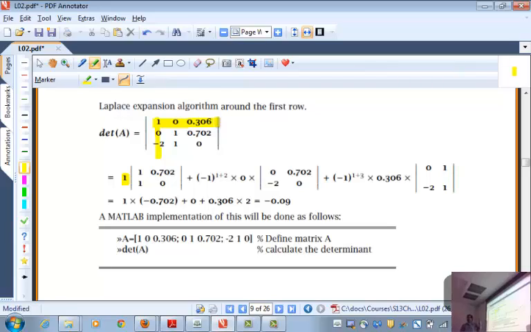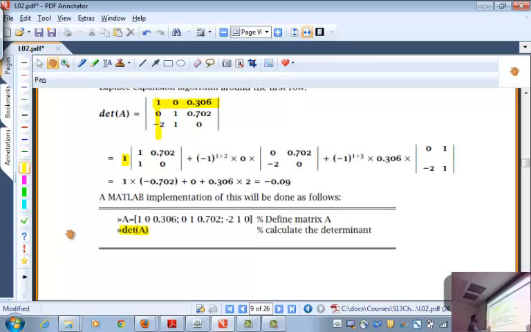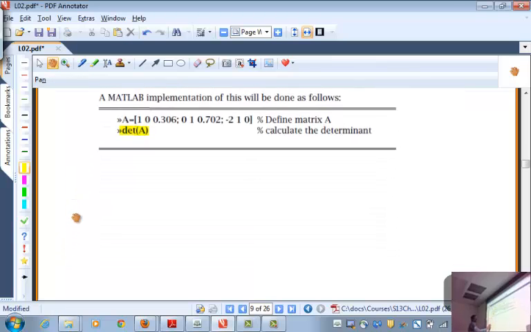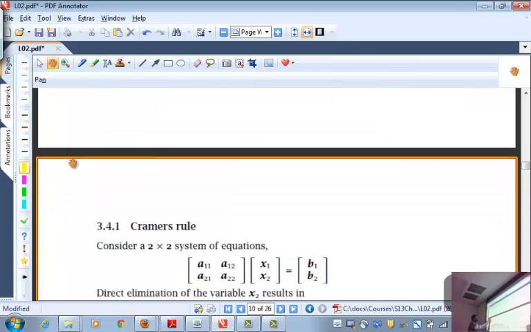And the nice thing is MATLAB has a built-in routine called det that takes any matrix, but you cannot really challenge it. If you give it 100,000 by 100,000, it will hang for a long time. So it's a good tool for experimenting with these ideas for small matrices and learning.